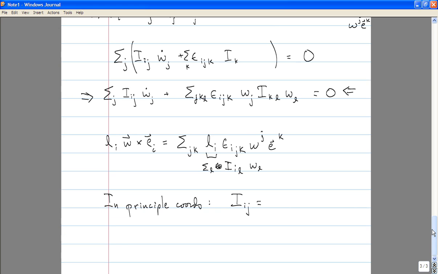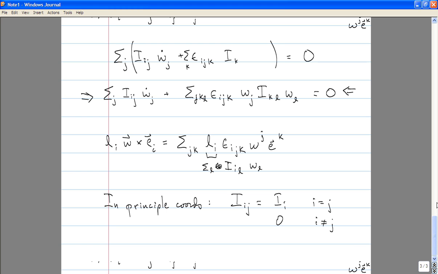So in principal coordinates, the inertia tensor, the inertia matrix, is diagonal. So that means that it's equal to I sub I, which was one of the principal moments of inertia, if I is equal to j, and it's 0 if I is not equal to j.